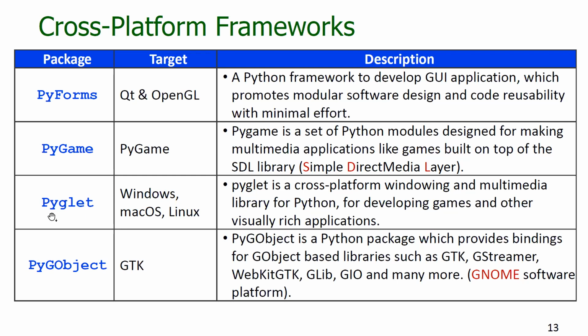The next package is Pyglet, suitable for Windows, Mac OS, and Linux platforms. Here, Pyglet is a cross-platform windowing and multimedia library for Python for developing games and other visually rich applications. The next package is PyGObject.